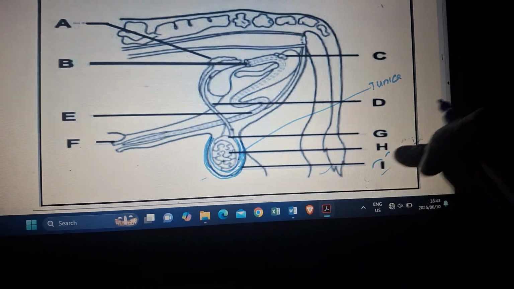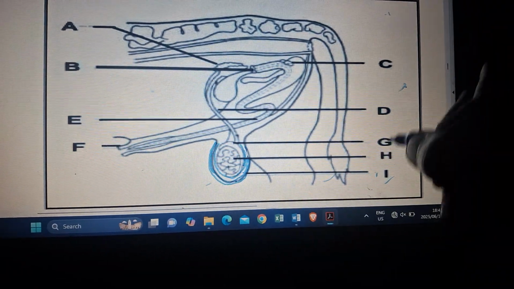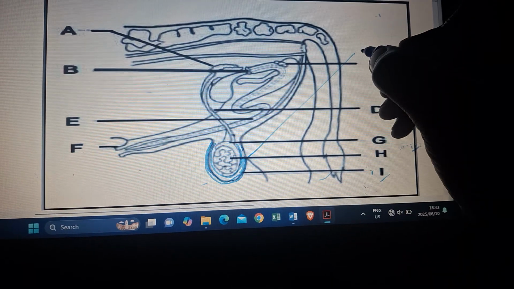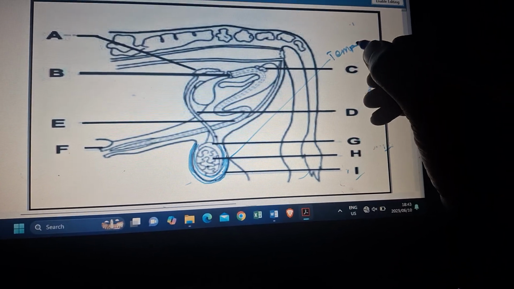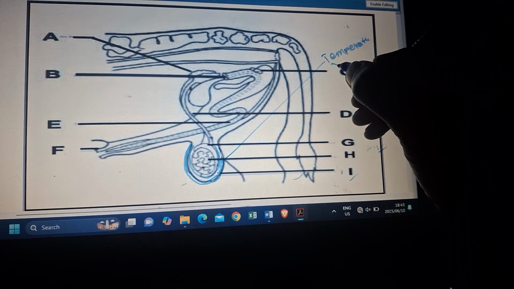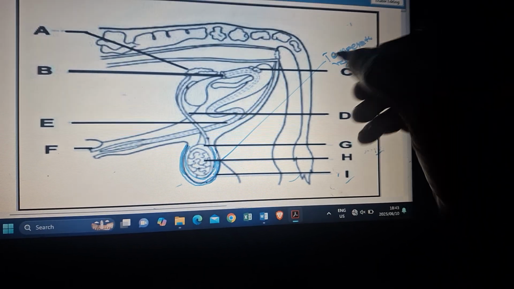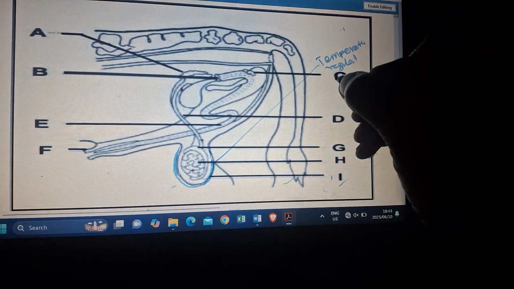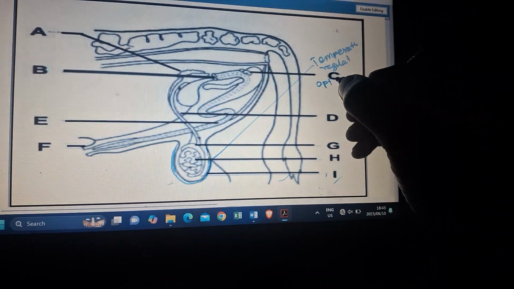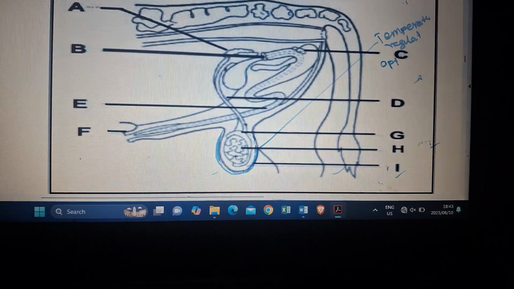The second function of the scrotum is it also plays a role in temperature regulation. So the scrotum regulates the temperature of the testis for optimum sperm production. What does this imply?